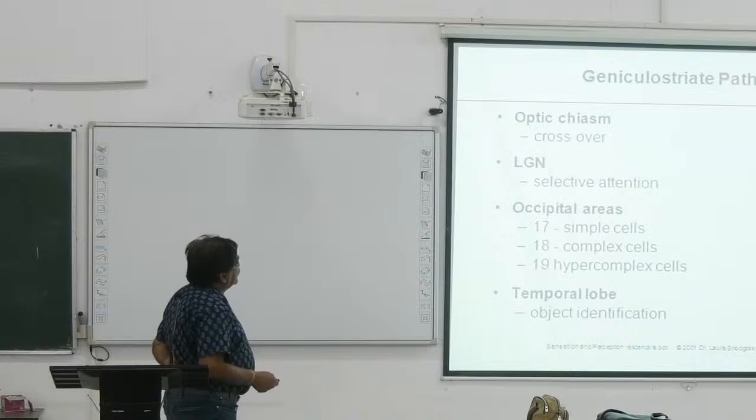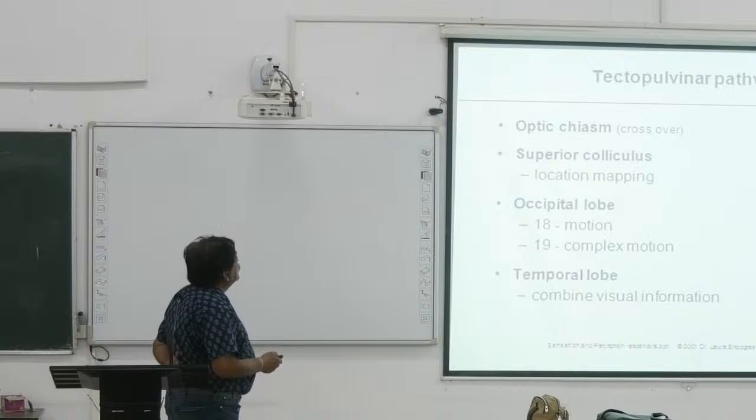Temporal lobe, object identification. Tectopulvinar pathway: optic chiasma crossover, superior colliculus location mapping, occipital lobe 18 motion, 19 complex motion, temporal lobe combined visual information.